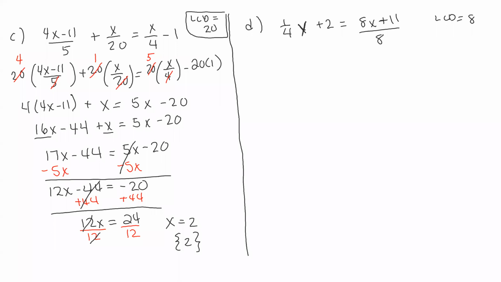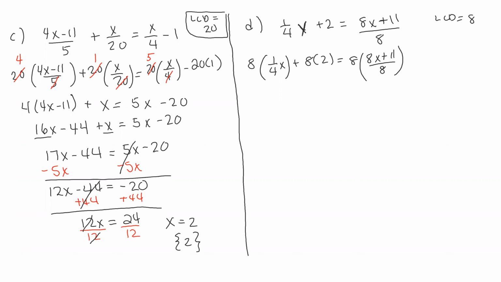And remember, terms are separated by addition, subtraction, or equals. I'm going to multiply all three terms by the LCD. So I get 8 times 1/4 x plus 8 times 2 equals 8 times 8x plus 11 over 8 is a single term.